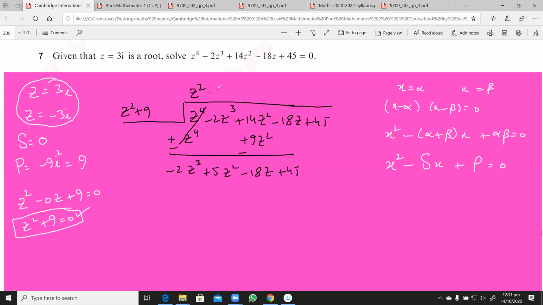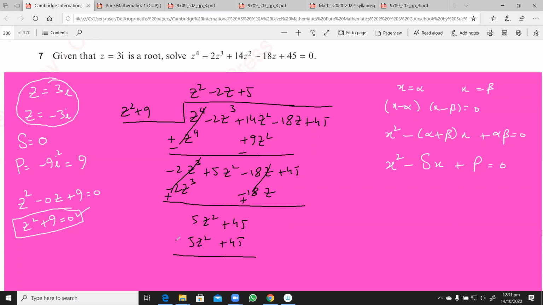So z squared into minus 2z is minus 2z cubed minus 18z. They both cancel. So we are left with 5z squared plus 45. So this is 5z squared plus 45. Cancelled, cancelled.